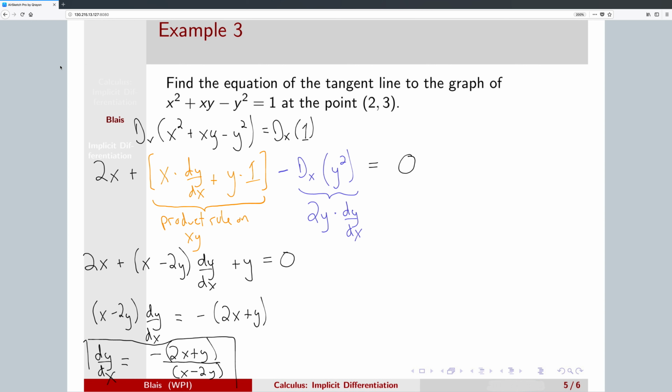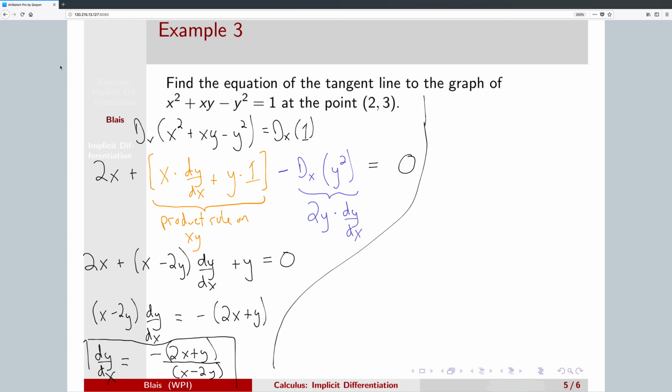So we have now dy dx, but remember that we were asked a question. We were asked, what's an equation of the tangent line at the point 2, 3? Well, first of all, we know we need a point on the line. We're given that. And then we also need the slope of the tangent line. And we know we can get that from dy dx.